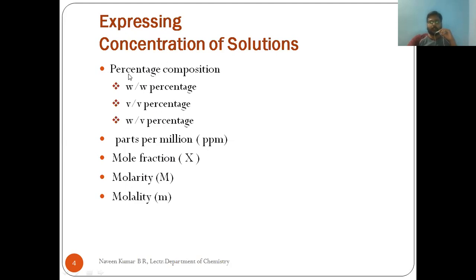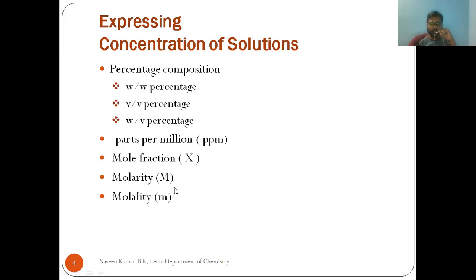If we observe in the percentage composition, volume percentage and mass to volume percentage, these two are volume dependent, hence they depend on temperature. Mole fraction, parts per million, and molality do not contain any volume terms, hence they are independent of temperature.